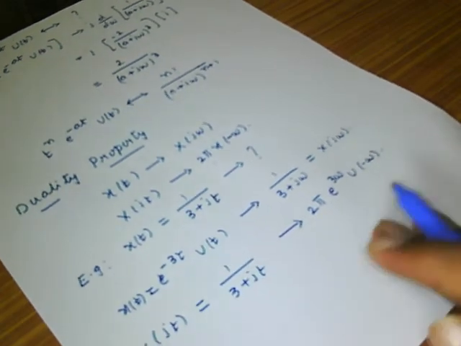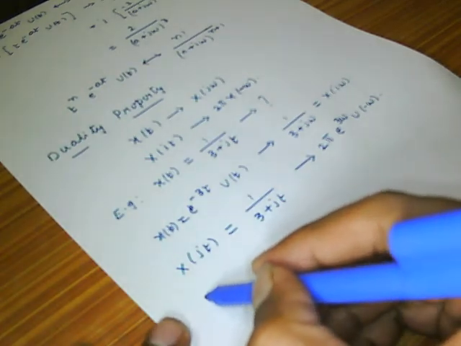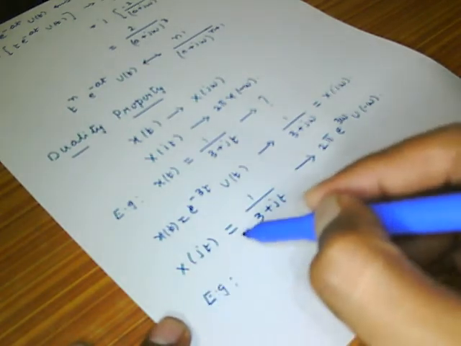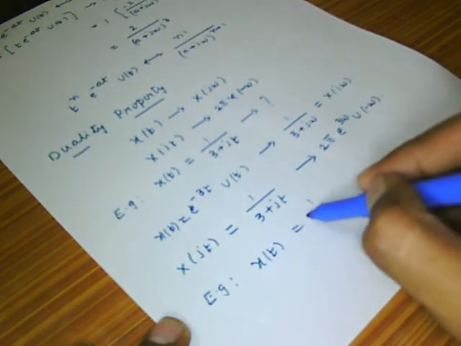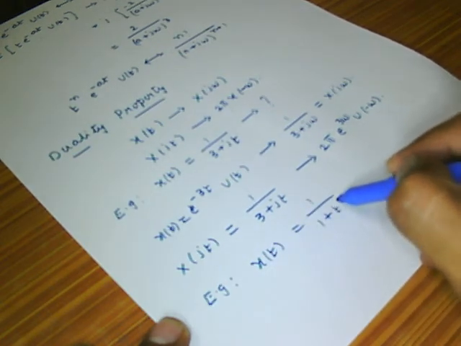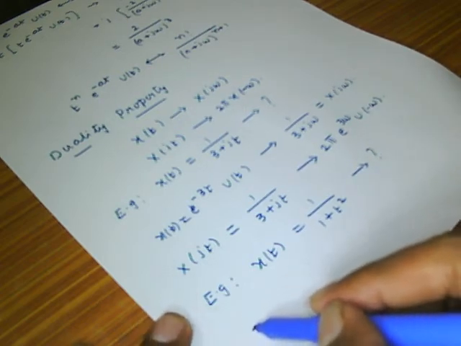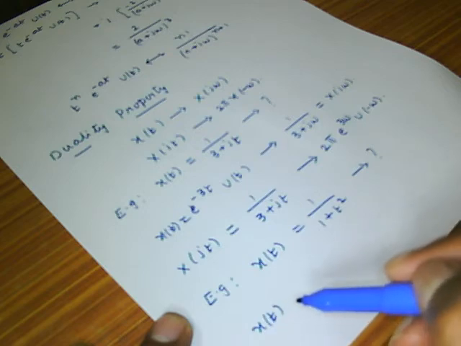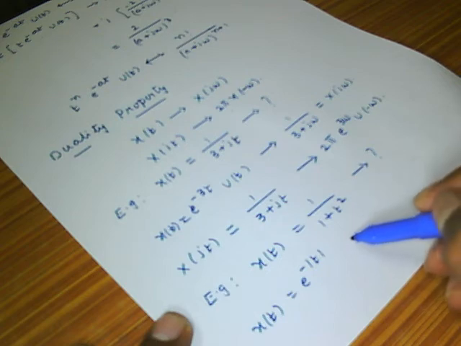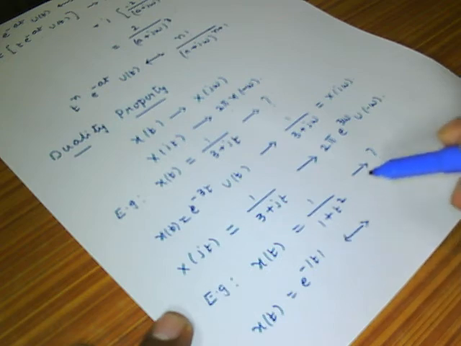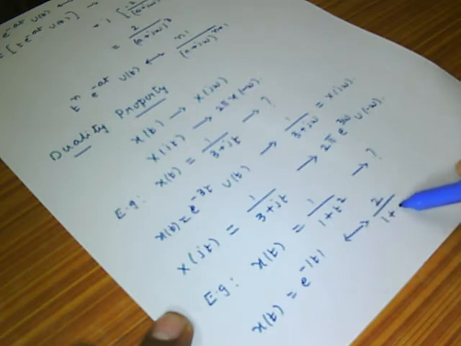We'll take one more example. Let us say I want to find the Fourier transform of x of t equal to 1 by (1 plus t square). Again, where should I start? I will take my x of t to be e power minus mod t. For this we already know the Fourier transform to be 2 by (1 plus omega square).